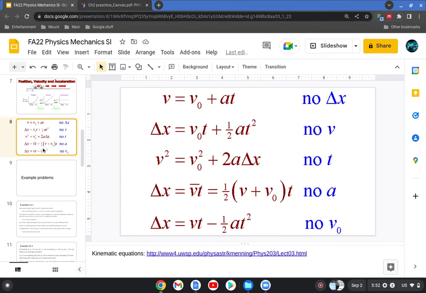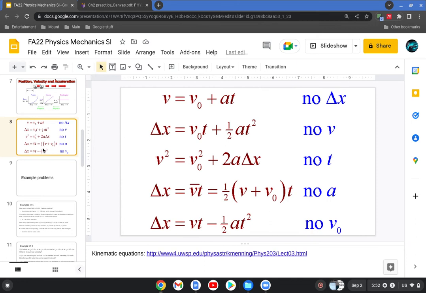And then slows down uniformly from 18 meters per second, so that's going to be v naught, down to rest, which is 0, right? So it's going to be v1. This could be v1, v2. In physics, we usually just do v naught, which is the same as the initial starting point.